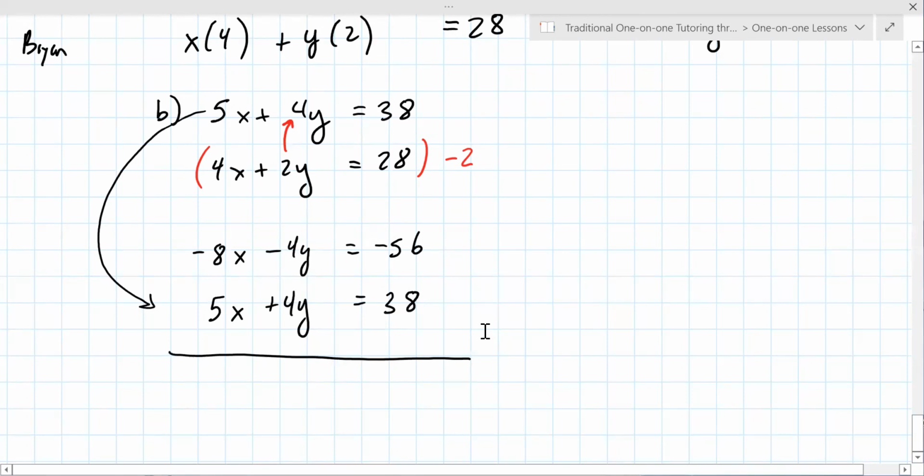So I'd like you to try solving this system for x. Let me know what you come up with.